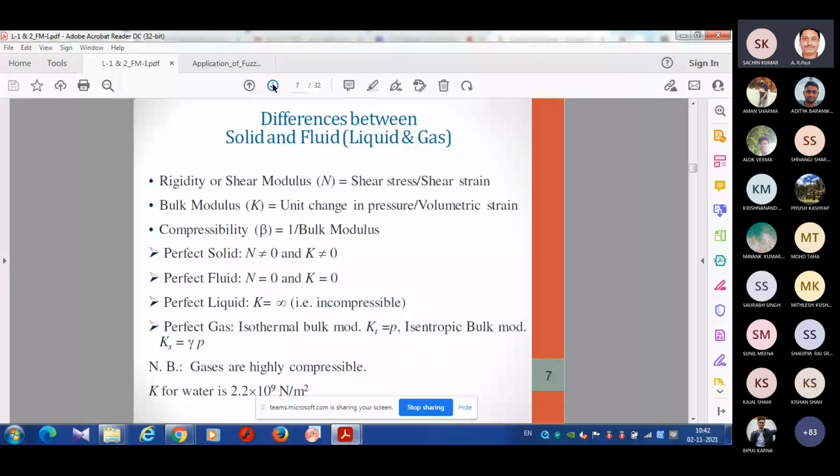And if you consider entropy constant, your bulk modulus will be pressure multiplied by gamma. What is gamma? It is the ratio of two specific heats, Cp by Cv. The gamma value for air is 1.4. But if you put some inert gas with air, your gamma value will change.